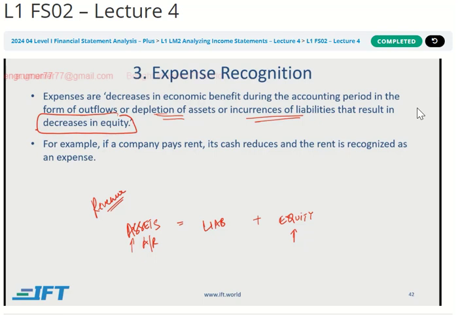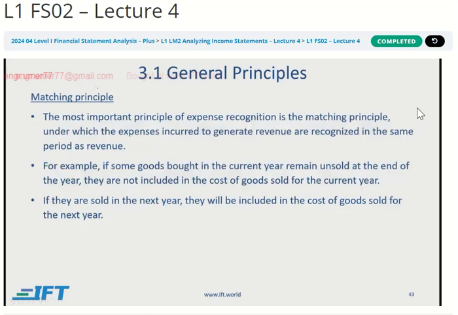So revenues increase your equity and expenses decrease your equity, whether that is because of a liability such as accounts payable going up or because your cash is going down.